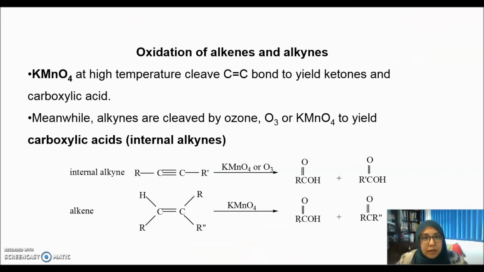Right, and then for oxidation of alkene and alkyne, for alkene you will use hot and concentrated permanganate to cleave it. Okay, go back to the topic of alkene. We have seen this, but for alkyne you can either use potassium permanganate or ozonolysis, because both will yield carboxylic acids.